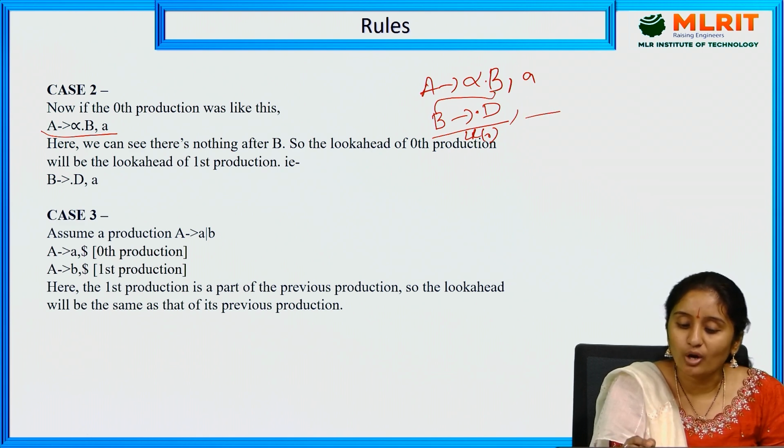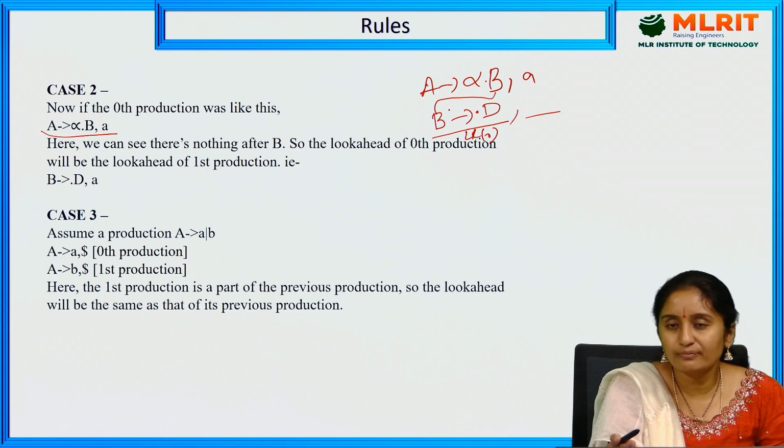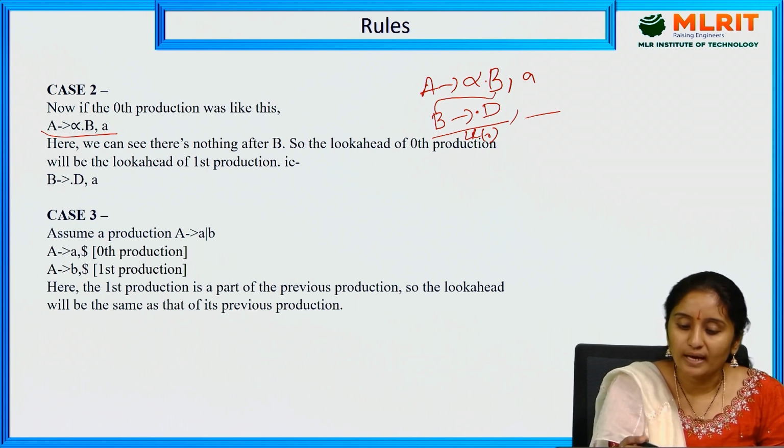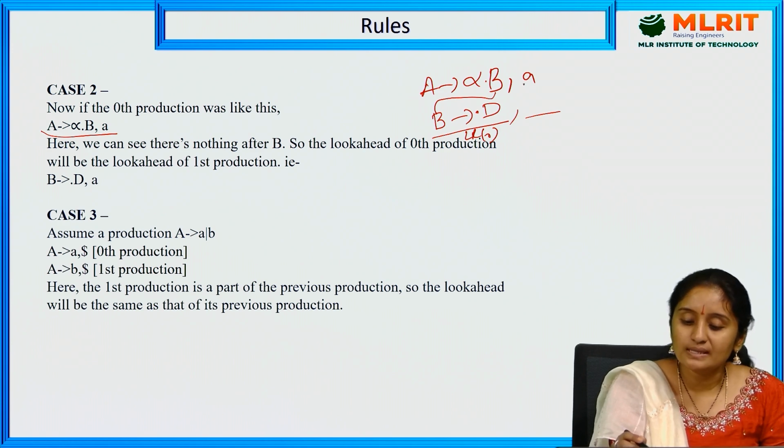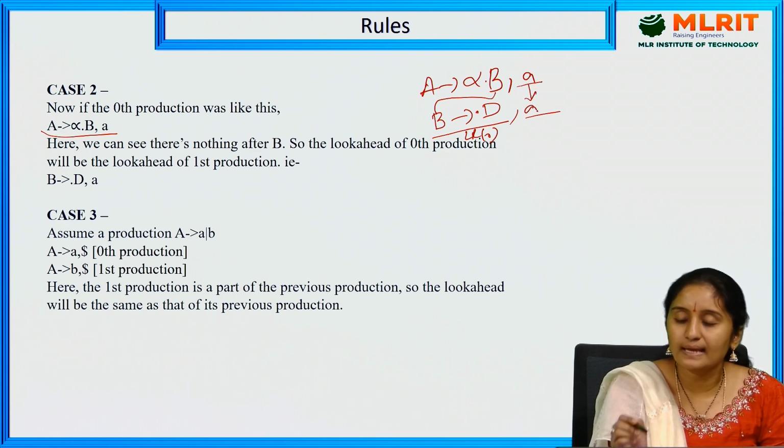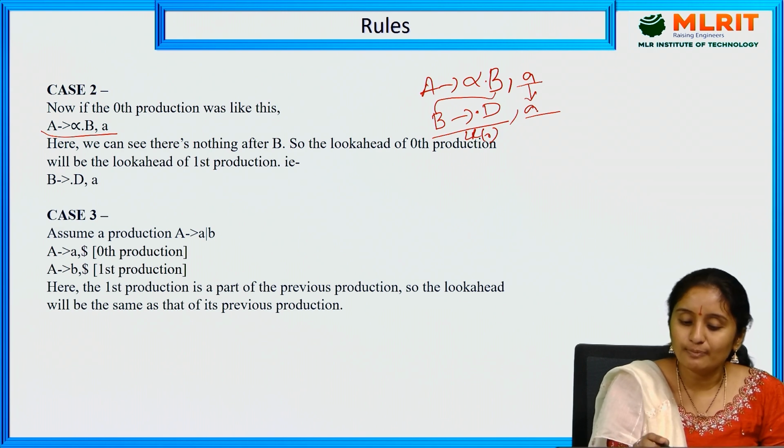What look ahead symbol do I need to write? After this non-terminal, I don't have further non-terminals or further symbols. So the same look ahead symbol is carried forward. This production is written just because of the previous production. When I write the previous production as it is, after the dot there is a B, nothing but the non-terminal.